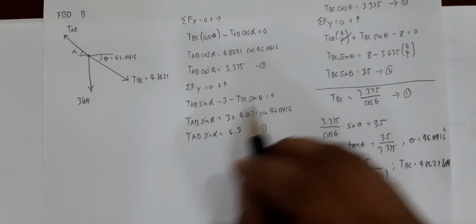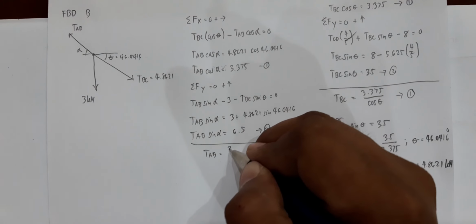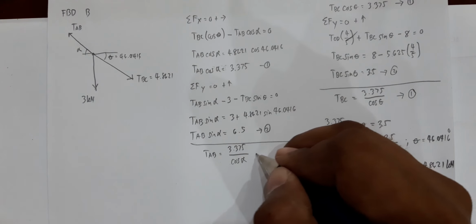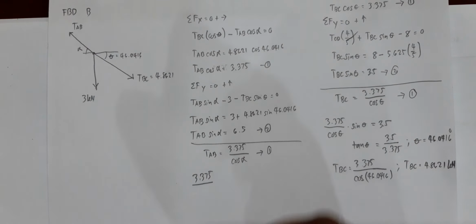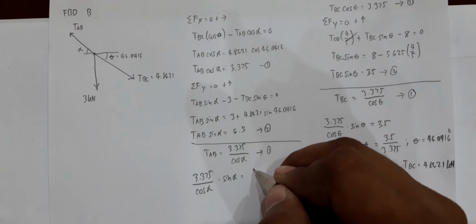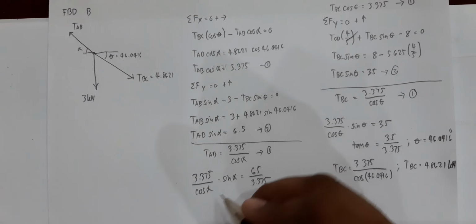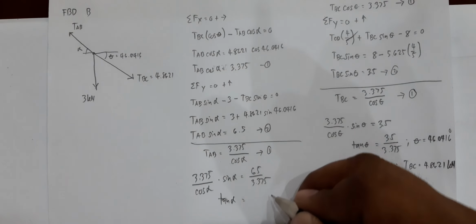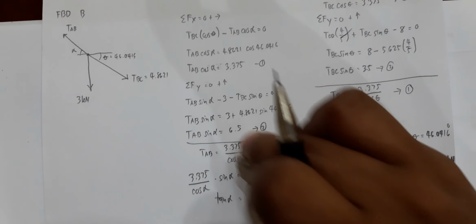Manipulating again equation 1, you would have TAB is equal to 3.375 over the cosine of alpha. Now, substituting equation 1 into equation 2, you would have 3.375 over the cosine of alpha times the sine of alpha is equal to 6.5. Sine over cosine is tangent. I'm sorry, I rushed there.